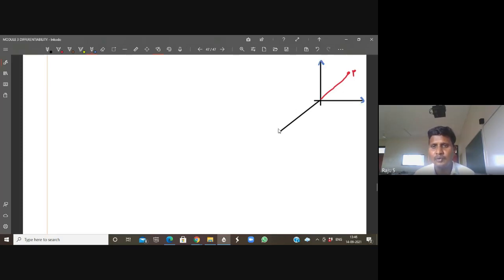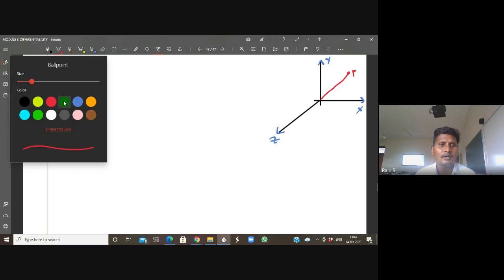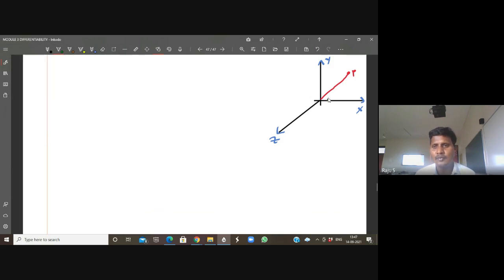This is the X-axis, this is the Y-axis, this is the Z-axis. The X-axis makes an angle alpha, the Y-axis makes an angle beta, the Z-axis makes an angle gamma. Alpha, beta, gamma. Got it?